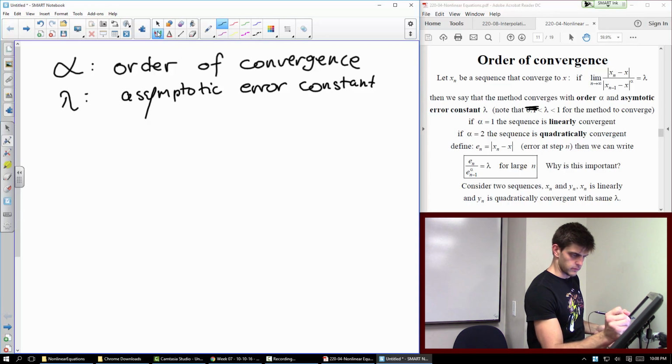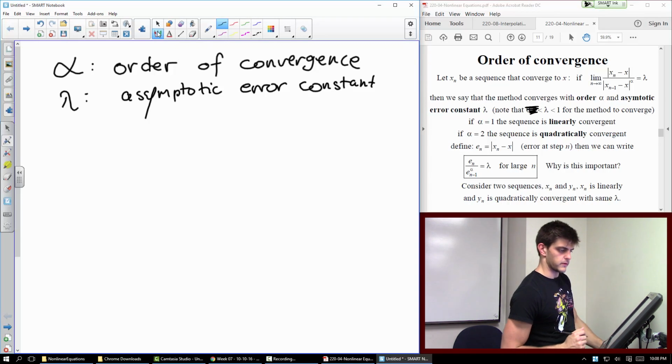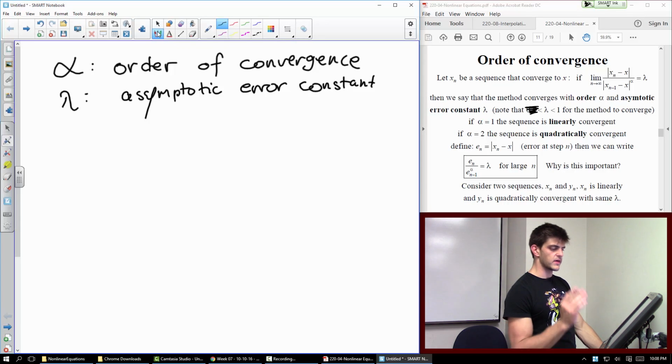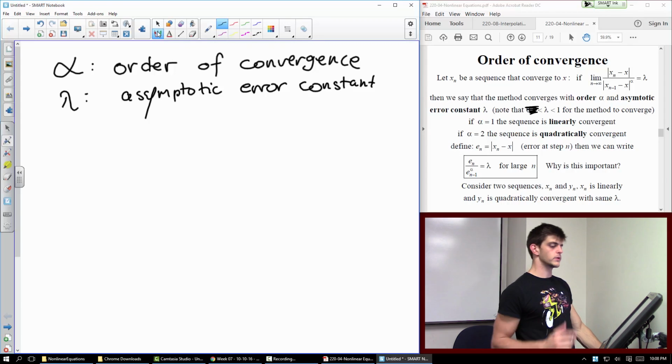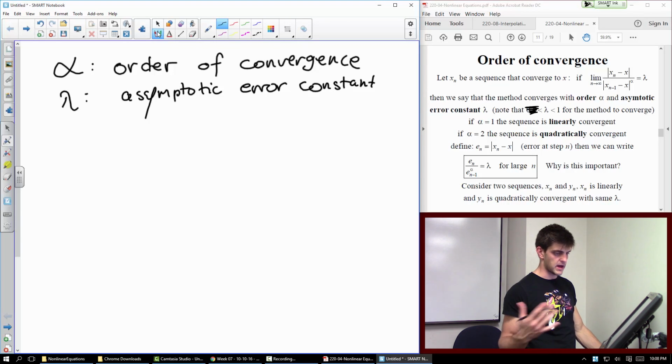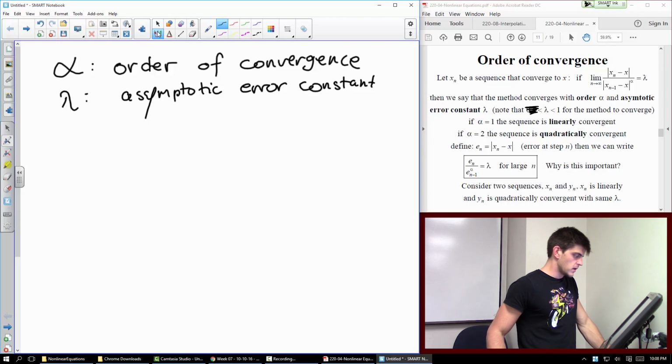Ignore this 0.1 thing. It's going to be less than 1. That's what's important. We say that if alpha is 1 for a sequence, that's a linearly converging sequence, which is kind of slow. Alpha equal to 2, that's quadratically convergent. That's something like Newton's method, which is a pretty fast method. There might be faster techniques out there, cubic or something like that, but I don't know of them. Let me know if you know of one.